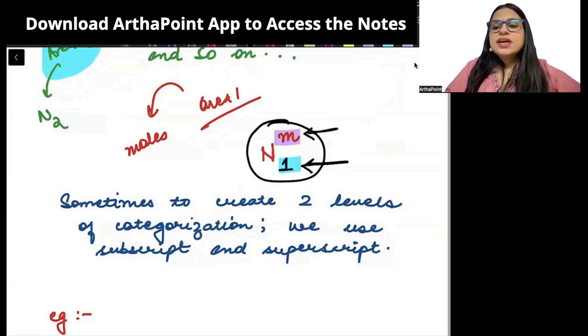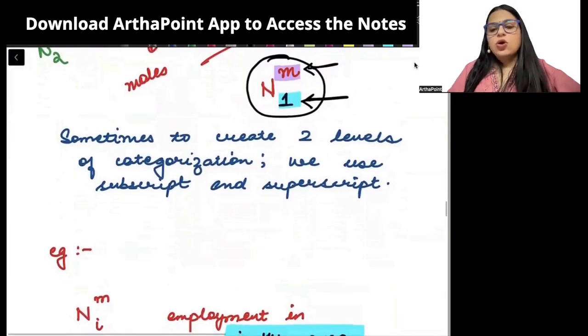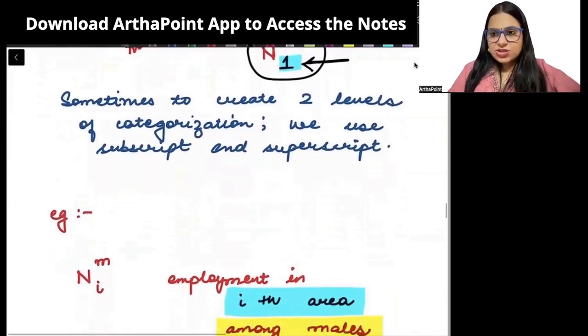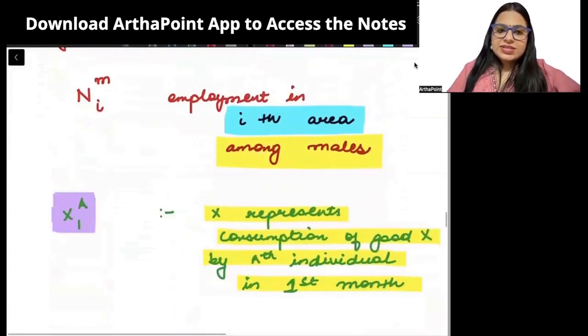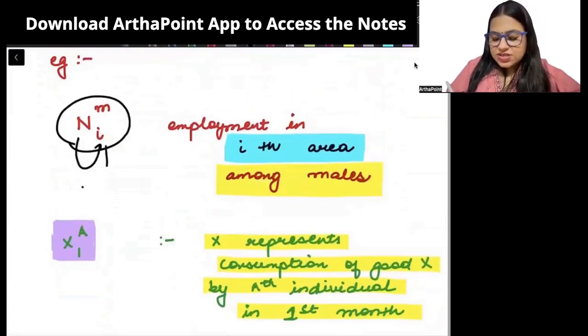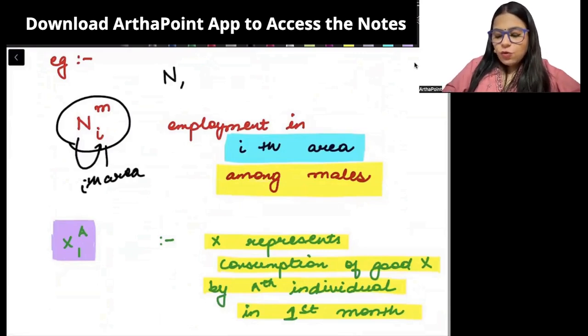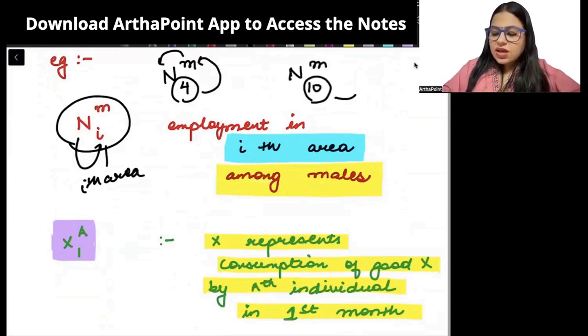तो sometimes you need to create 2 levels of categorization, और जब भी हमें 2 levels of categorization करने होंगे, we will use subscript and superscript. This is an ideal example बेटा, जैसे I have used N_i^M. तो ये हो गया i represents ith area। तो अगर मैं बोलूंगी N_4^M मतलब फोर्थ एरिया के मेल्स का एम्प्लॉयमेंट कितना। When I will say N_10^M, 10th area males employment how much, right?